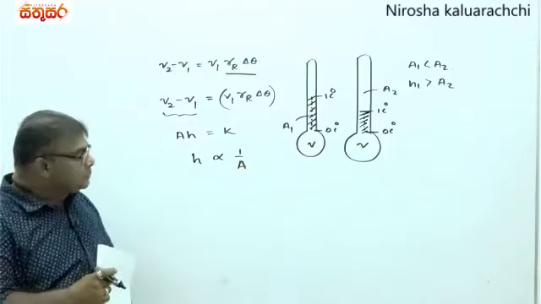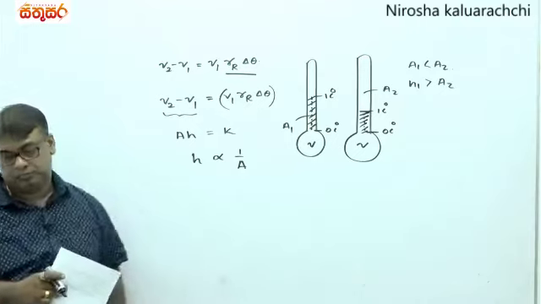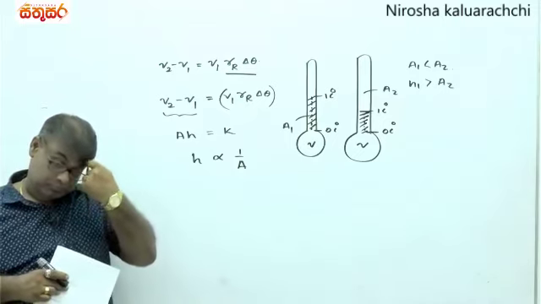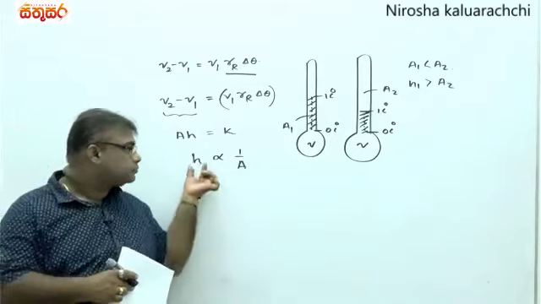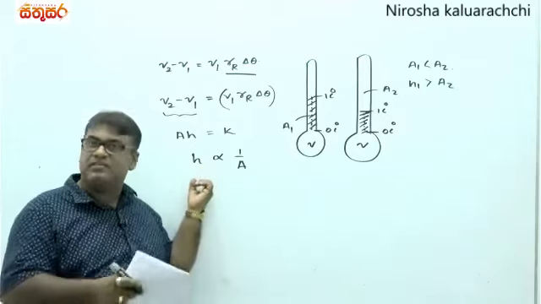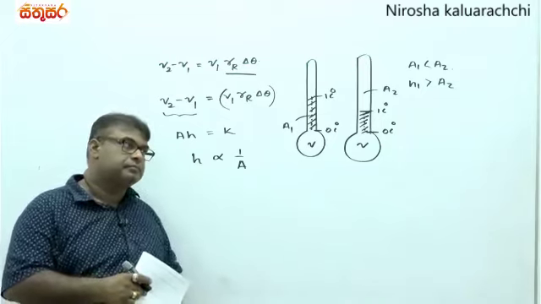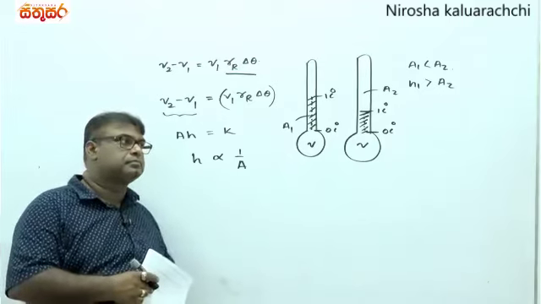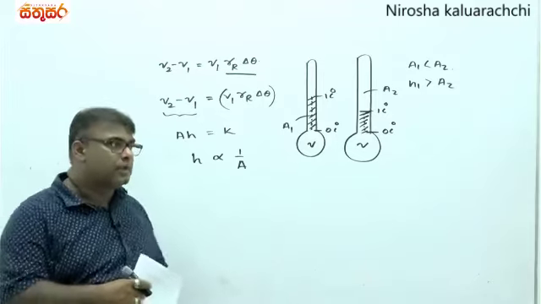Can we copy this one first? Okay, then say, if the capillary bore radius is reduced, the rise of the liquid column will be high.